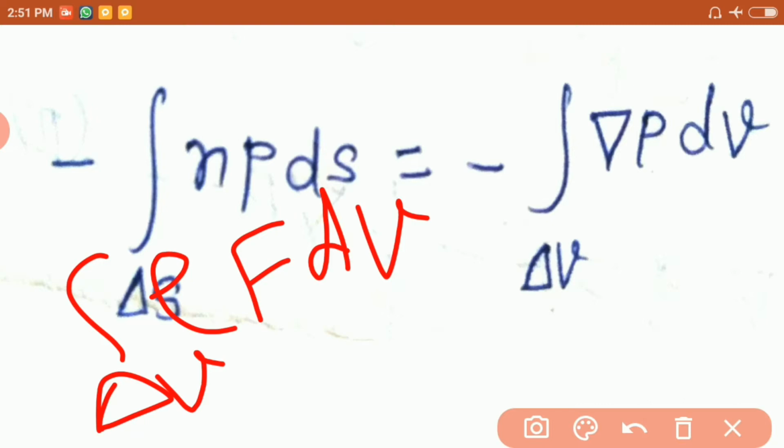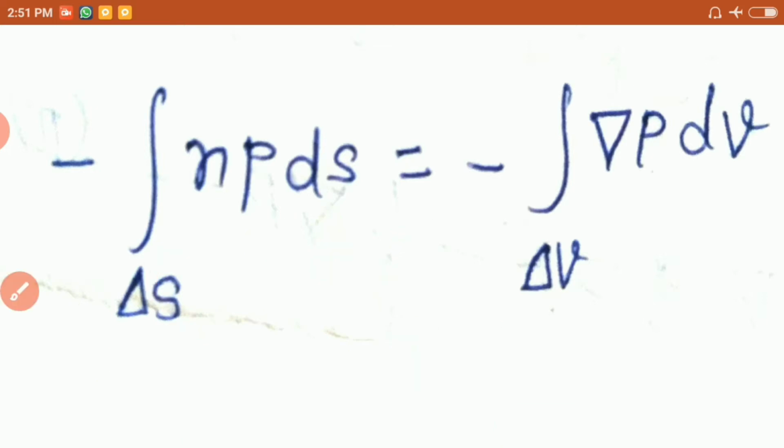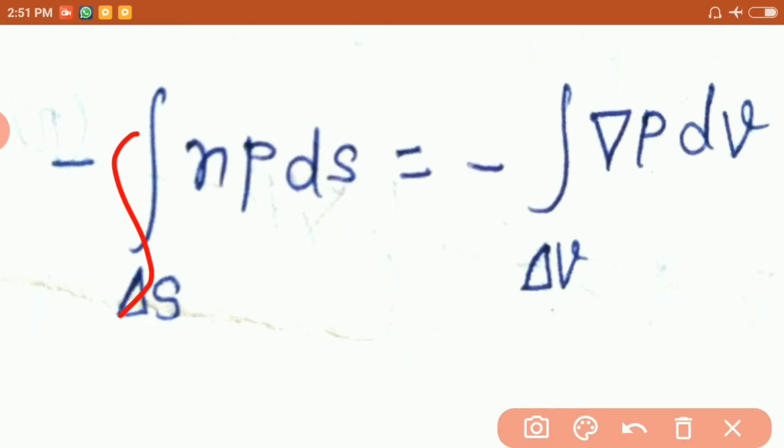And the mass of the entire fluid particle is the integral over delta V of rho dV.